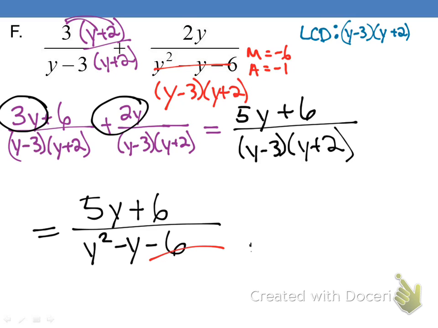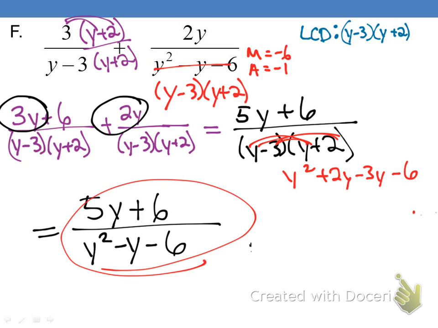So if I double check off to the side, it's y squared plus 2y minus 3y minus 6, which does take us right back there, okay? So it's kind of a shortcut. If you know what you started with before you factored, when you double distribute, that's what you should get. Yes, ma'am. Sure. Any other questions on this one?